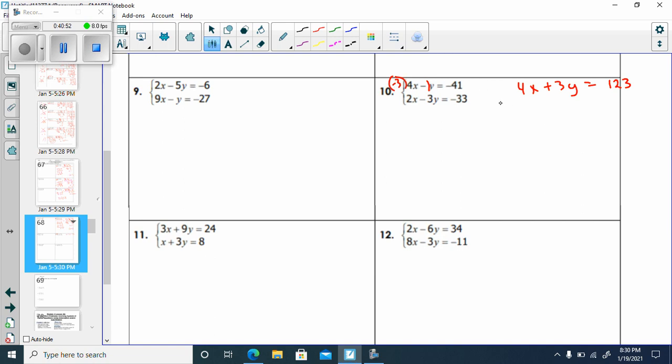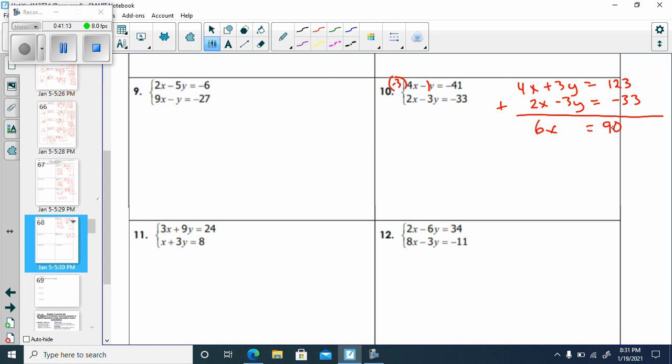Okay. Plus 2x minus 3y equals negative 33. Okay, there we go. 4x plus 2x is 6x. 3y plus negative 3y is 0. 123 plus negative 33 is going to give you 90.